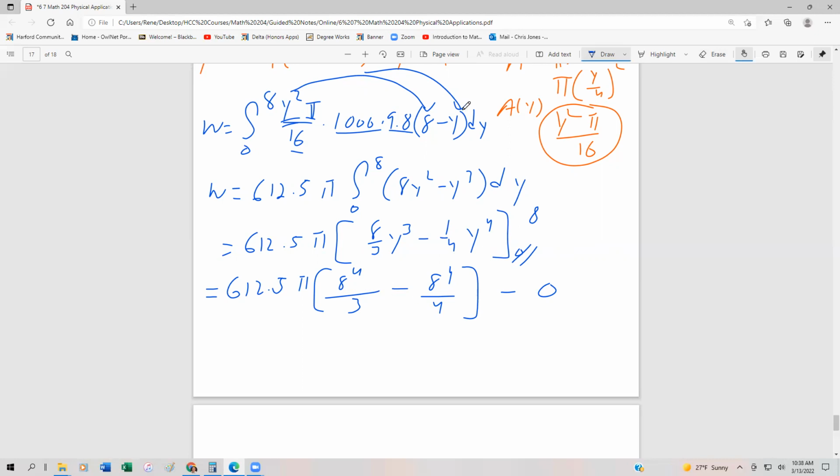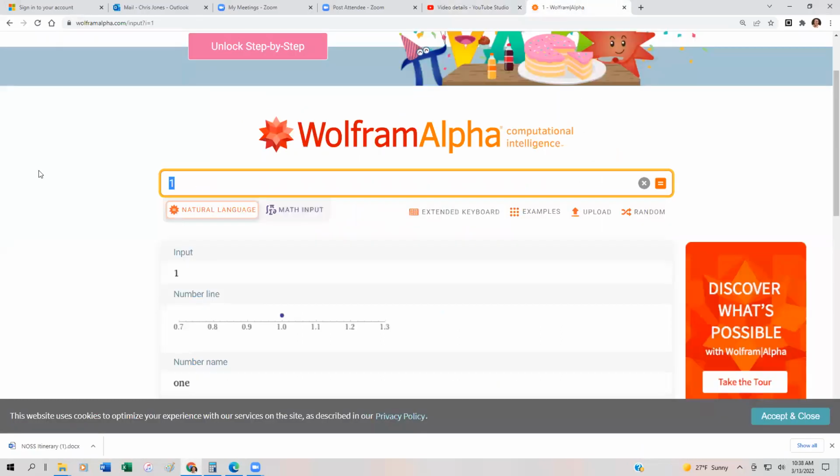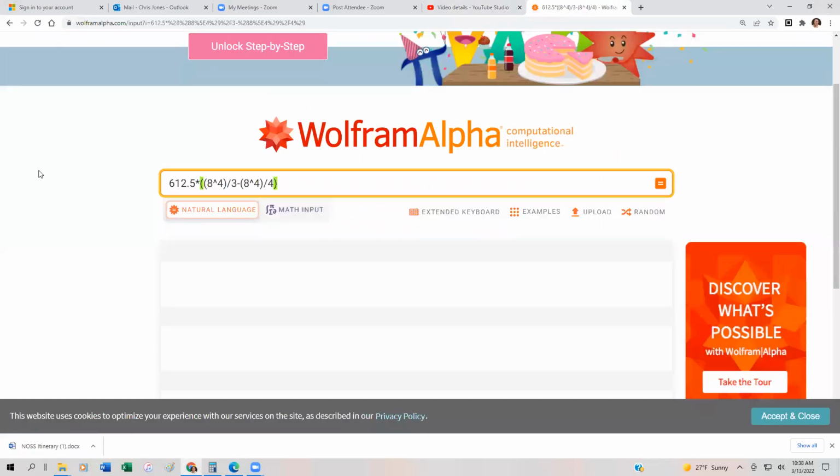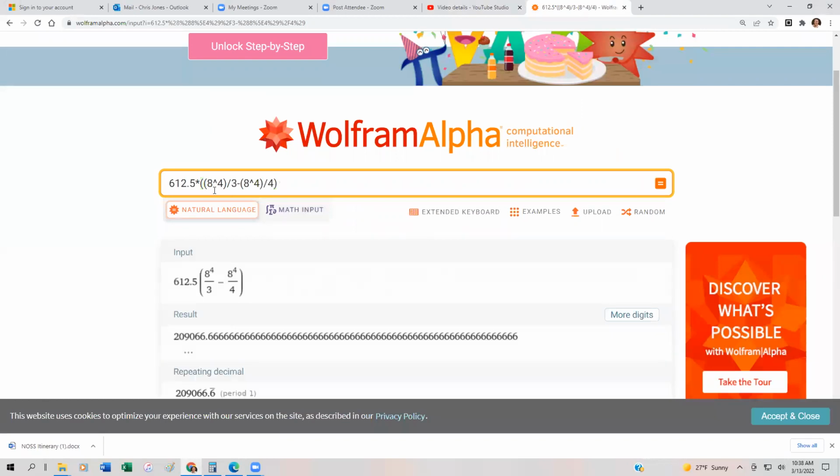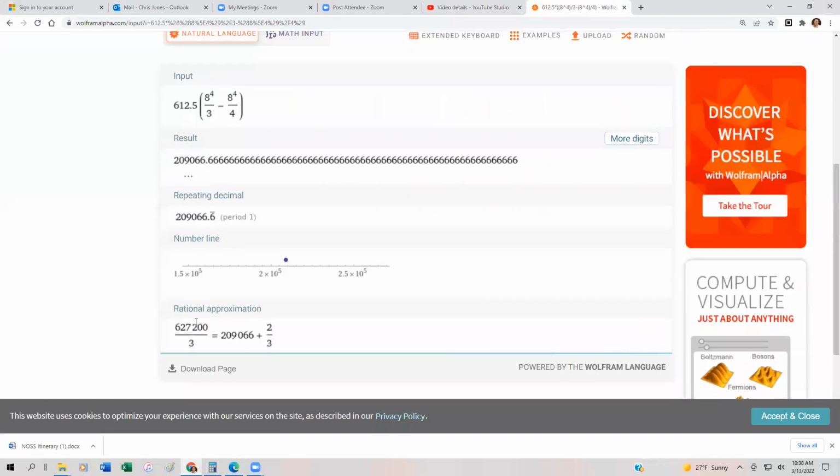And I'm just going to throw this into Wolfram Alpha just to make it easier for us. All right, it gives us 627,200 over 3. Or if you want to make it easier or harder on yourself, there's also a rational approximation.